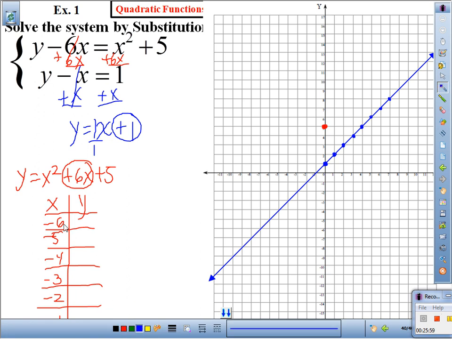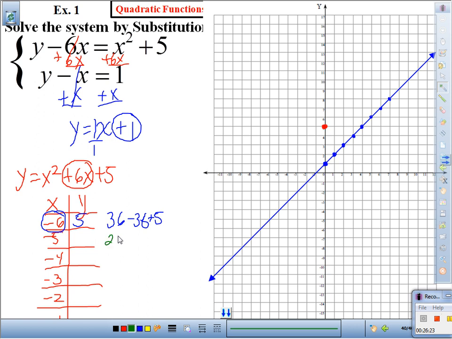Here it goes. I'm going to start with -6. According to this, it should say what? -6 squared, is that correct? What is -6 squared? 36. What is 6 times -6? -36, then you bring down the 5. So what happens here? They cancel and we're left with 5. Next one, -5 squared.